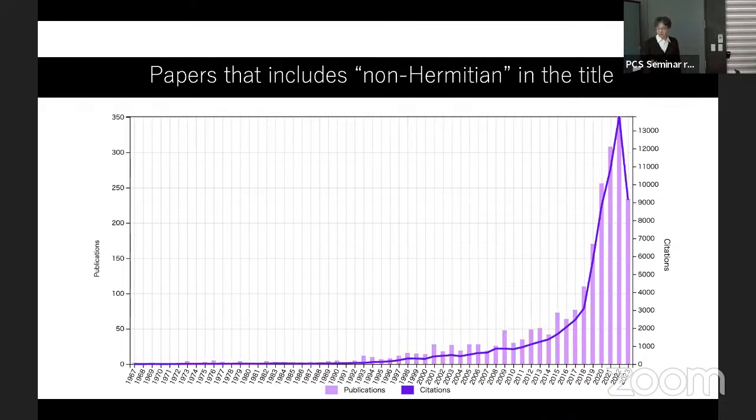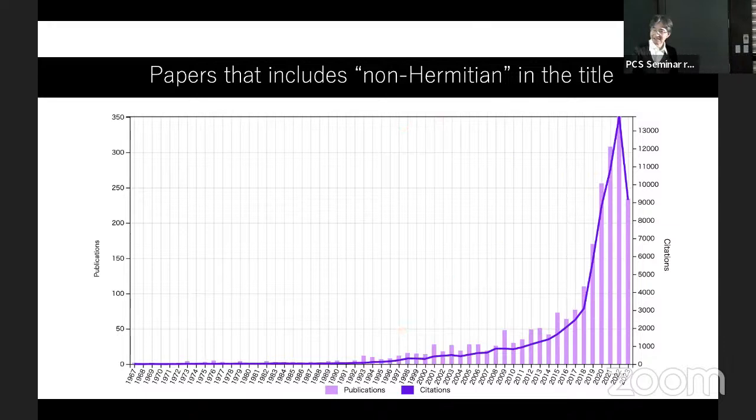But first, let me begin with this statistics. This is the year, the number of publications and the number of citations, which includes non-Hermitian in the title of the paper. Around 2017, the number of papers is increasing rapidly. Tomi, what was the first one in 1967? That I don't know.